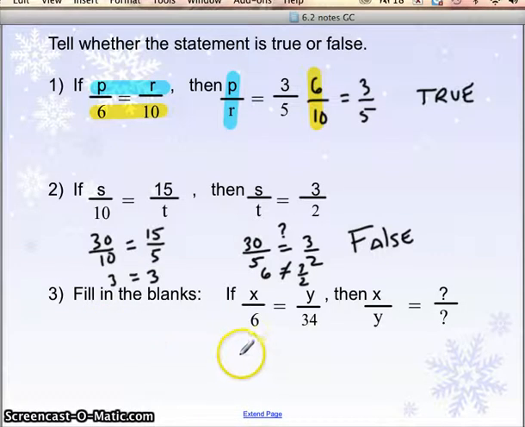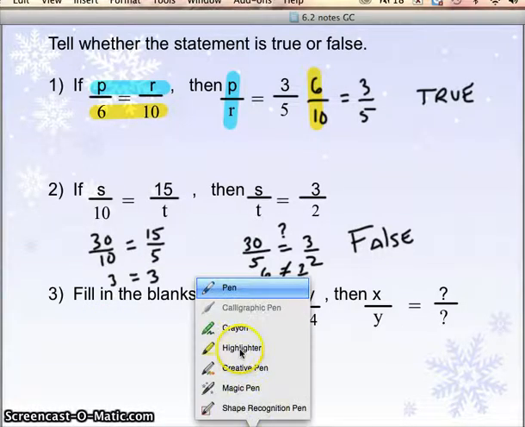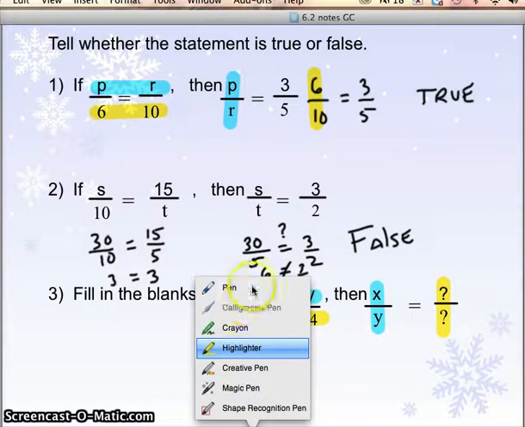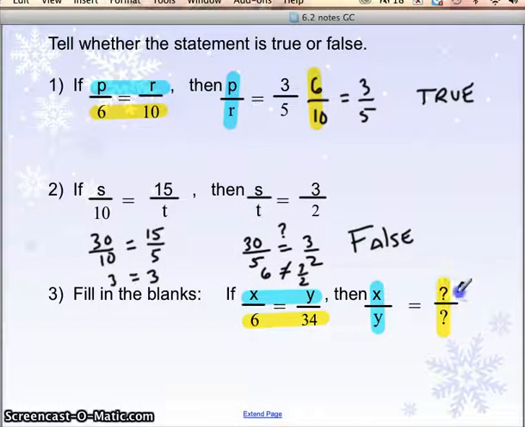Okay, we're going to fill in the blanks here. I'm noticing, a lot like this top problem, that the X and Y were horizontal, now they're vertical. So that means the 6 and the 34 should go vertical. So this should be a 6 and this should be a 34.